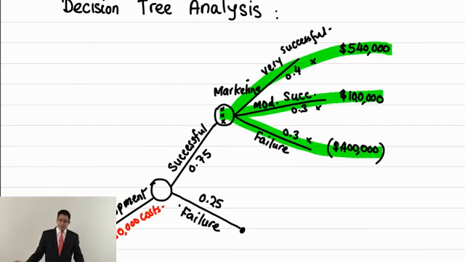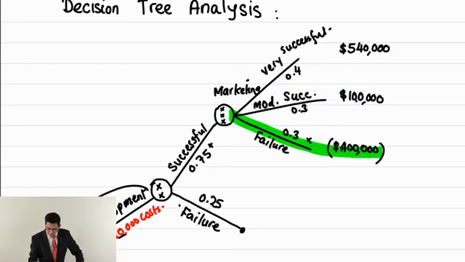Then they do the total. This total value multiplied by 0.75 comes in here. And then if it fails, 0.25 times 180,000 comes in here. And then this total is dragged up in there. Okay, working backwards, this is one approach.